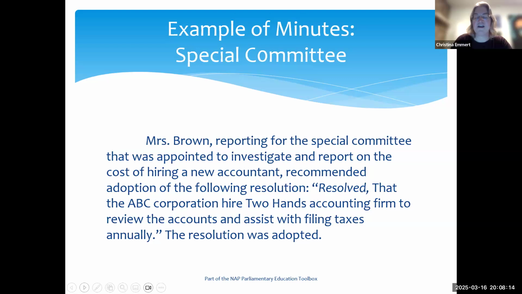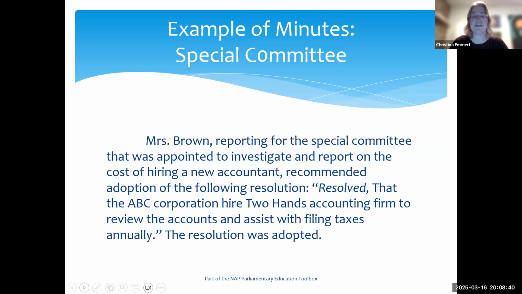Special committee is very similar to regular committees, but you would just write down that the member was reporting for the special committee. This committee was appointed to investigate and report on the cost of hiring a new accountant, and recommended adoption of the following resolution: Resolved, that the ABC Corporation hire Two Hands accounting firm to review the accounts and assist with filing taxes annually.